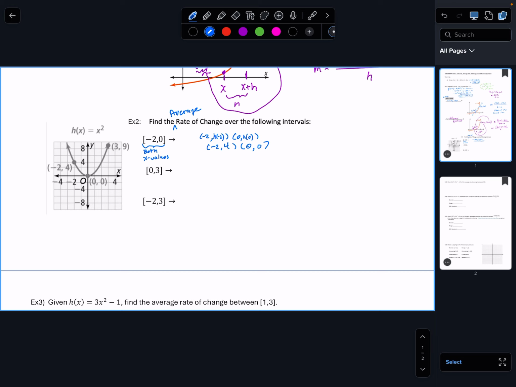I insist on you showing me the two ordered pairs you're using for slope. And then label and show the substitution for change in y, 0 minus 4, over change in x, which is 0 minus the -2, so it's plus a 2. And you get -4 over 2, which is -2.